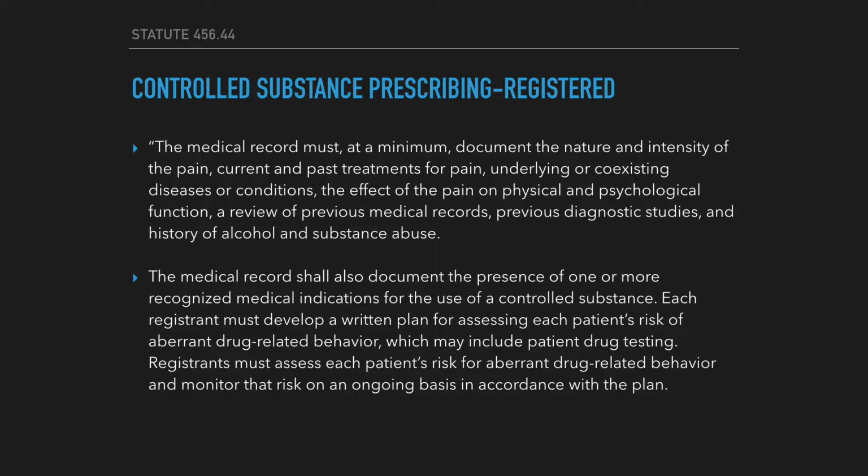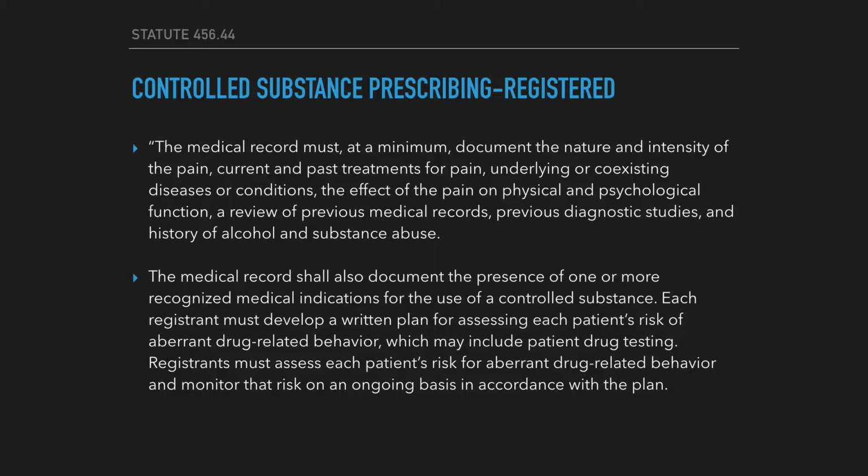So on your initial documentation, all of this has to be addressed. If you want to talk about CYA and people coming after you, in the state of Florida, this all needs to be addressed.